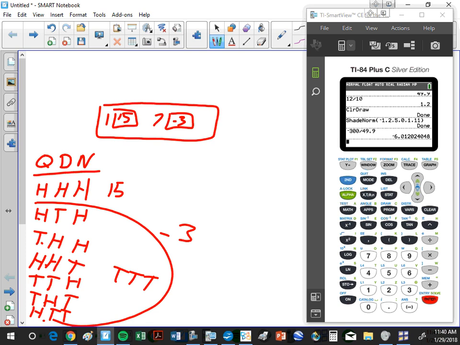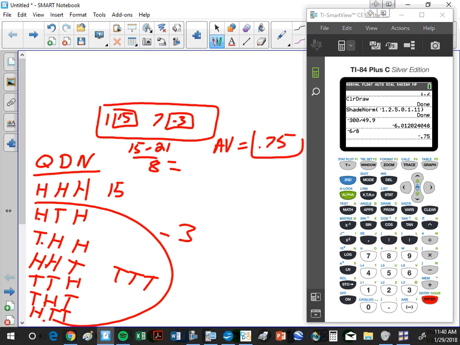So the average of the box is 15 minus 21 over 8, which is negative 0.75. What does that mean? 75 cents a game. Is this better or worse than roulette? Much worse. In roulette, you're only expected to lose 5 cents per game.